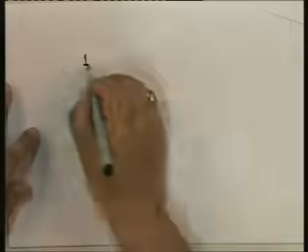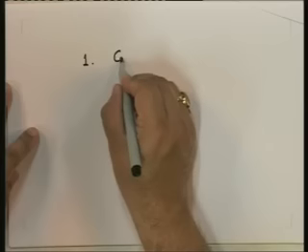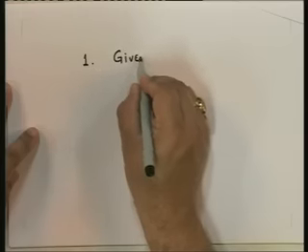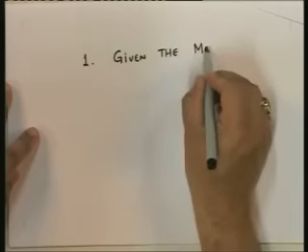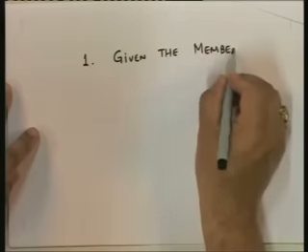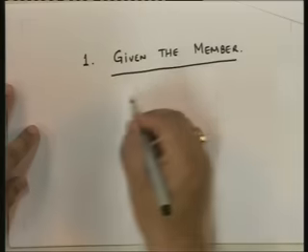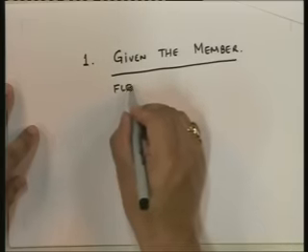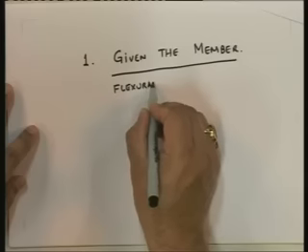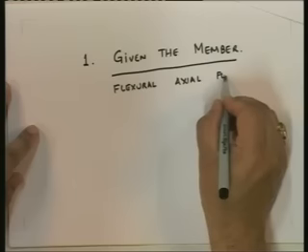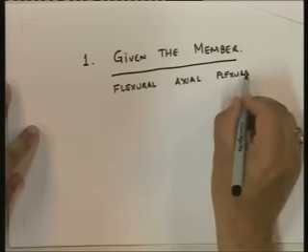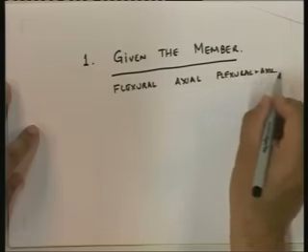All we have to do, just putting down the steps, the first step is, given the member, a priori we have to know whether the member is flexural, whether it is axial, or whether it is flexural plus axial.